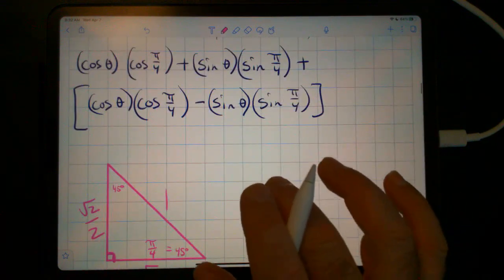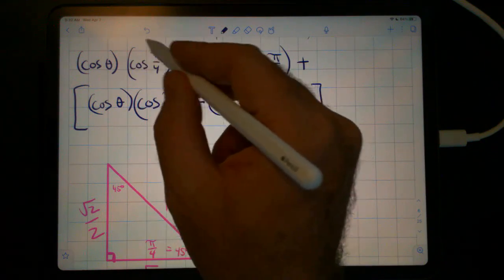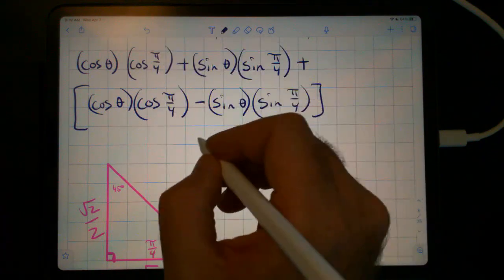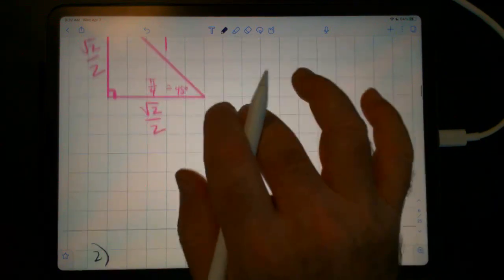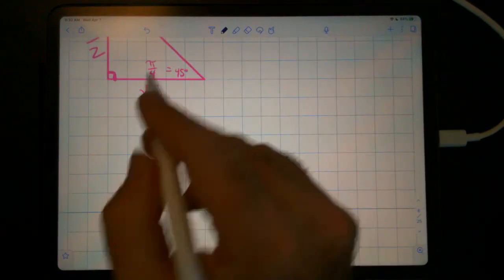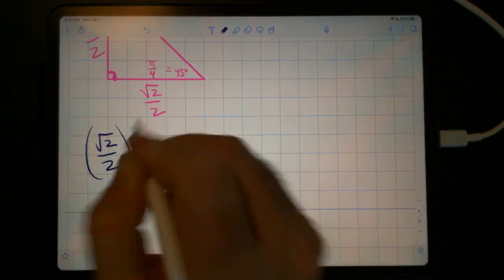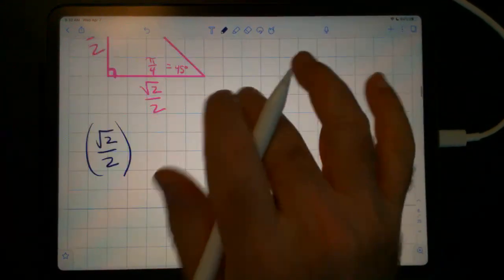Okay, so we have cosine of pi over 4 times cosine theta.